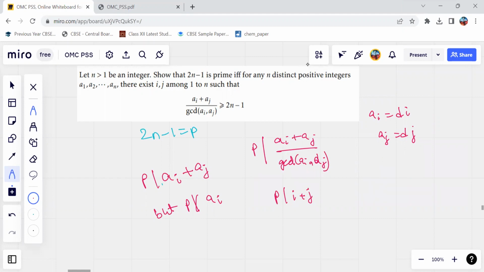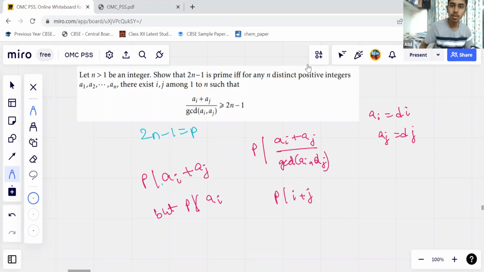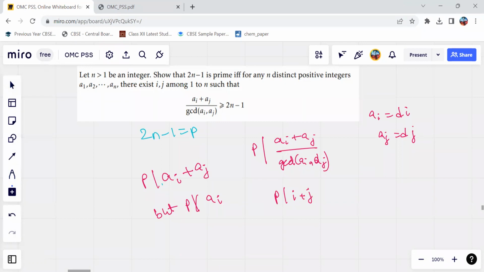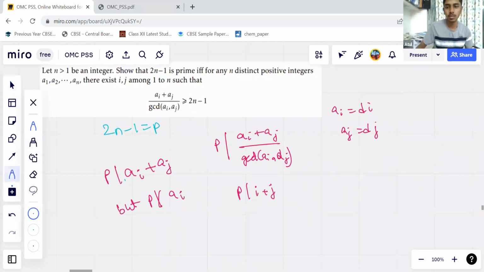Oh, also you can't have P divides AI minus AJ, otherwise the GCD is less than AI minus AJ by P. Okay, unless... You're saying P can't divide AI minus AJ? Yeah, then the GCD you can bound by AI minus AJ by P. Oh, I see. Yeah, okay.